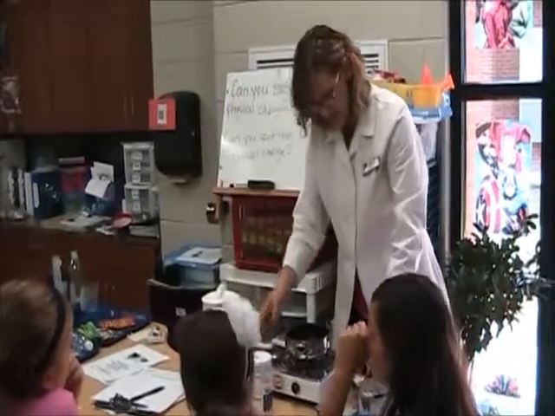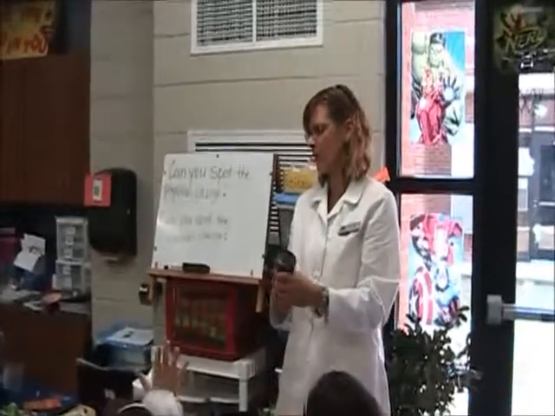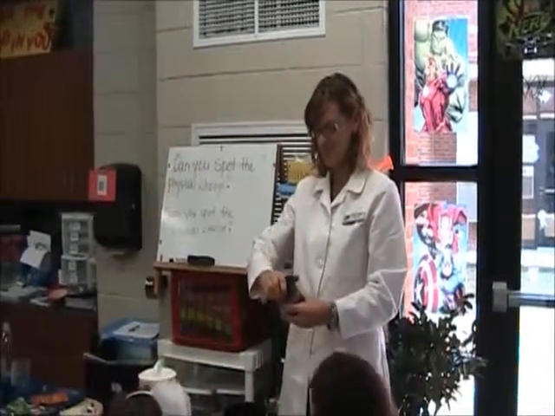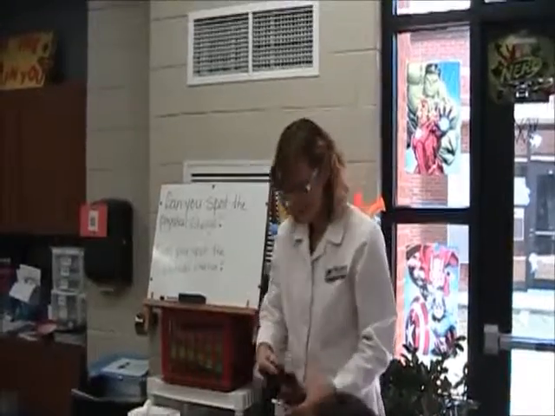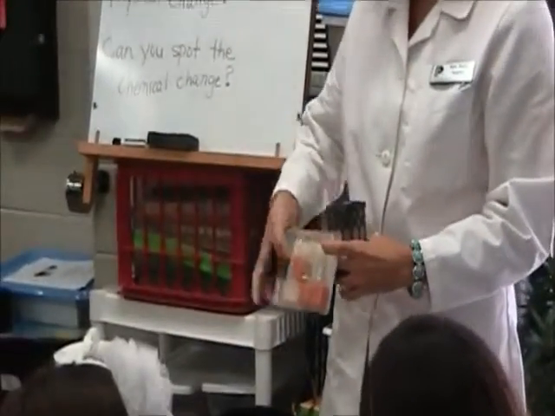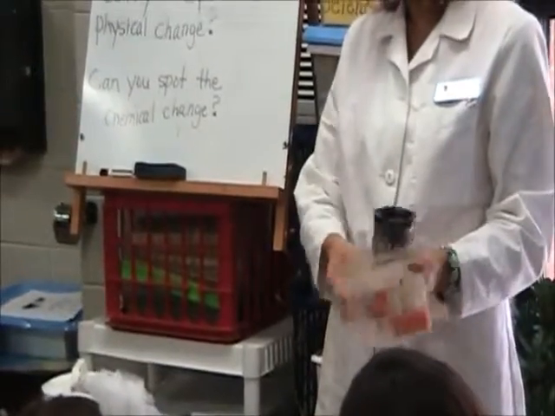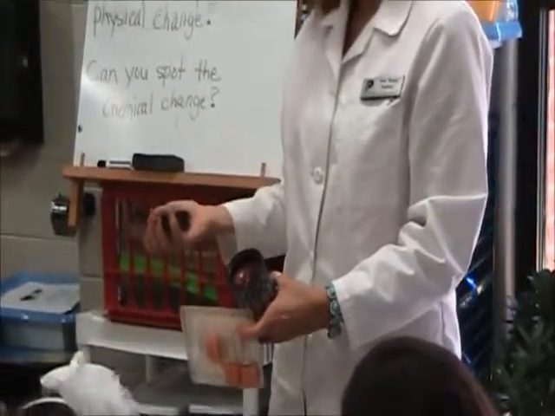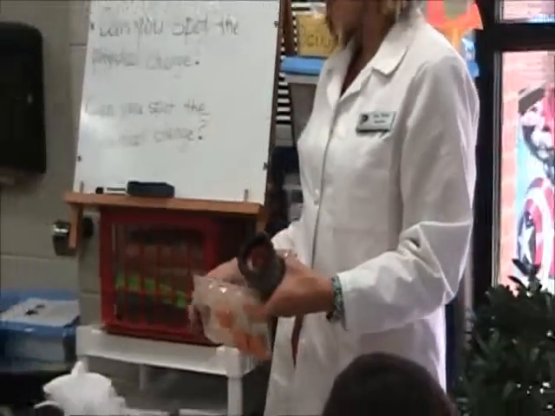Another example. How many of you have these at home? I had to bring mine in from home. It's a warmer, a cheap version. Inside, I have these little wax things. It started out like this. You plug it in, add heat. What happens to my wax? It melted. Physical or chemical?